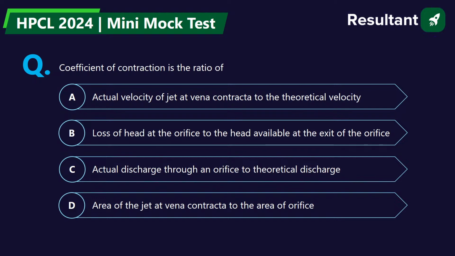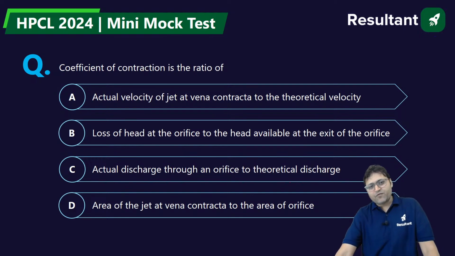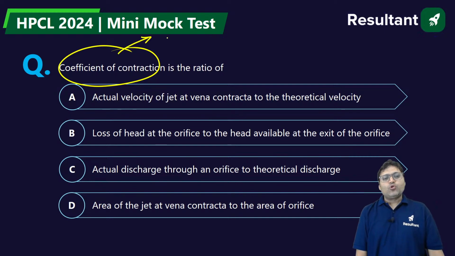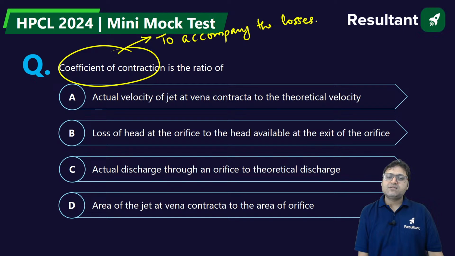So what is coefficient of contraction? What do you know about coefficient of contraction? Coefficient of contraction is defined for the vena contracta. Whenever there is a sudden contraction, this parameter is defined to account for the losses due to sudden contraction.